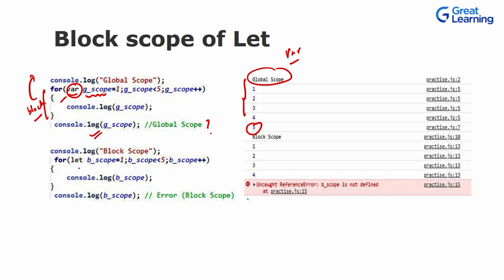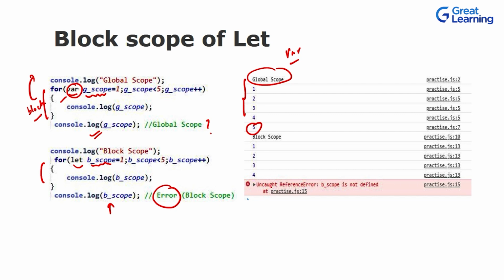But since this does not follow what we have learned in traditional languages like Java, C, or C++, these new JavaScript features introduced the keyword known as let, which has a block scope. Now, if you declare your variable with the help of this let keyword, and we named it bscope, we declared it within this block, and outside, when we tried to access it, it threw an error.